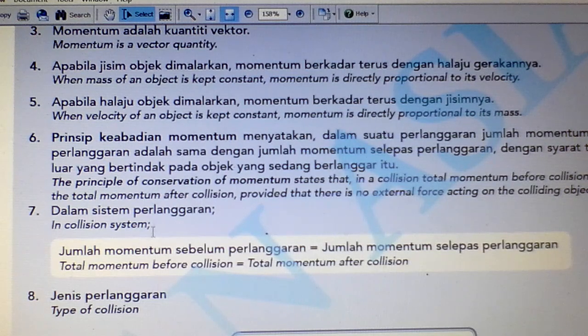In a collision system, we can summarize the principle of conservation of momentum as total momentum before collision equals total momentum after collision. Or we can say total momentum of the system is conserved. Conserved means remains unchanged.